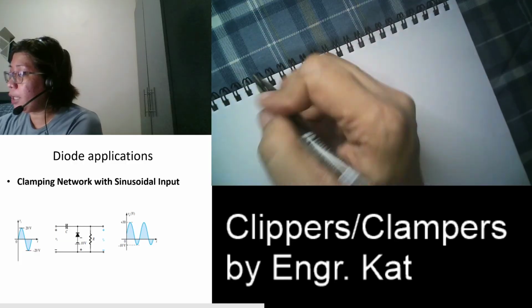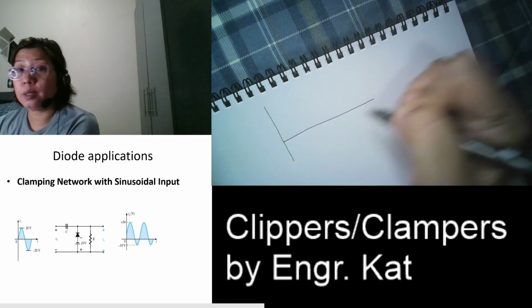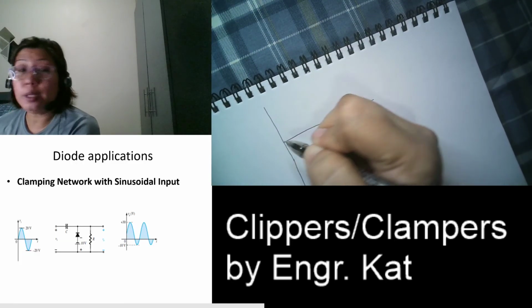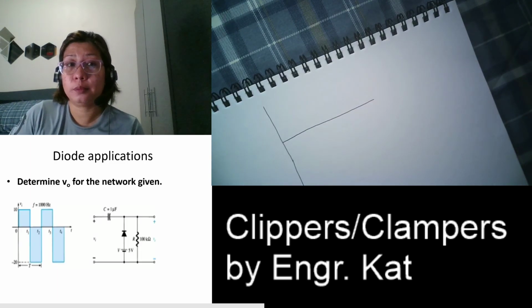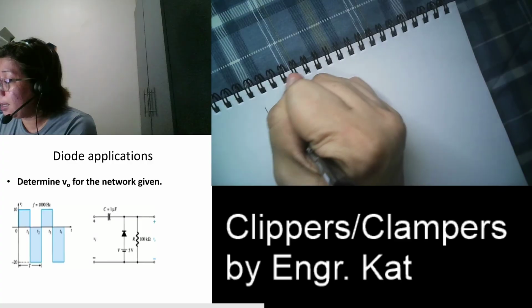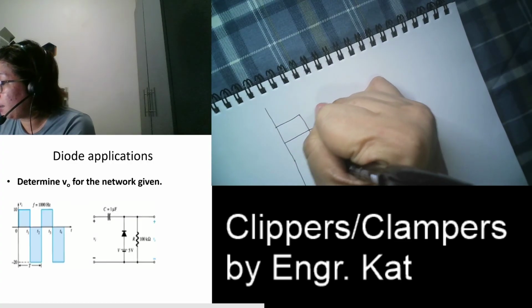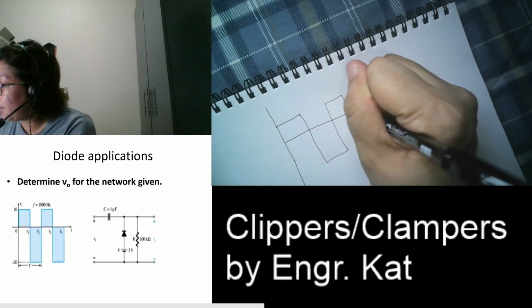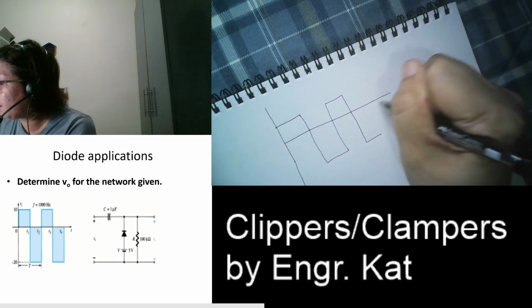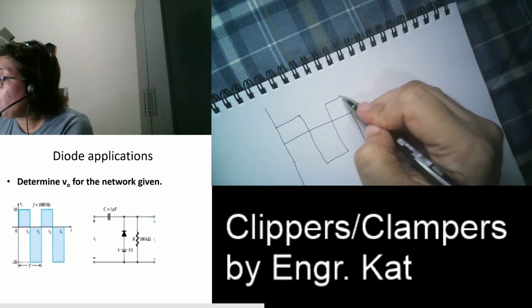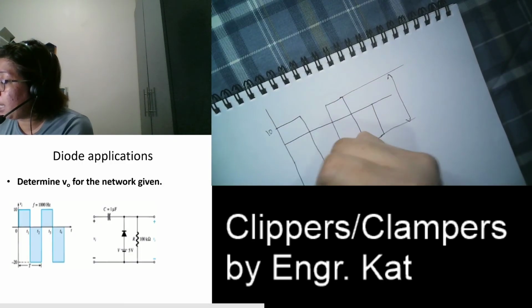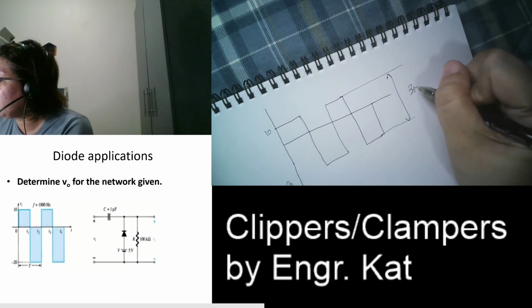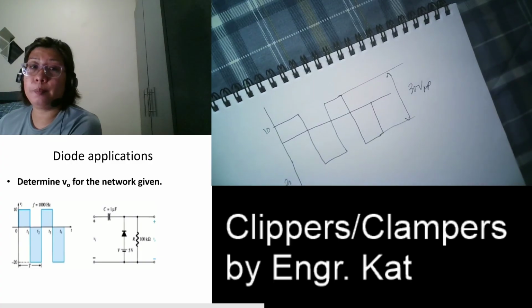So, this is our input. This is 10, and this is 20. If we're going to get the peak-to-peak voltage of this, this is 10 and this is 20, this is 30 volts peak-to-peak.